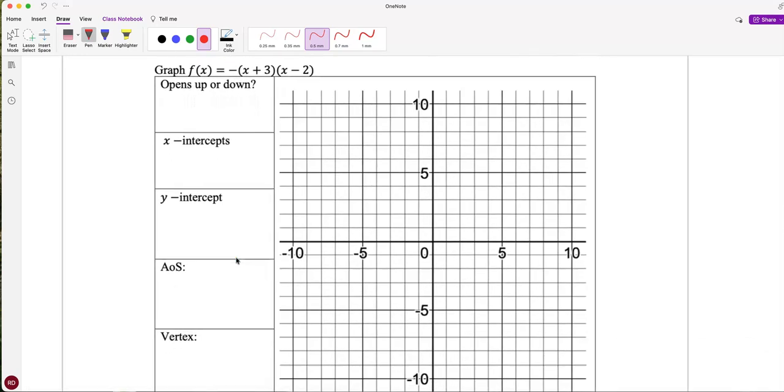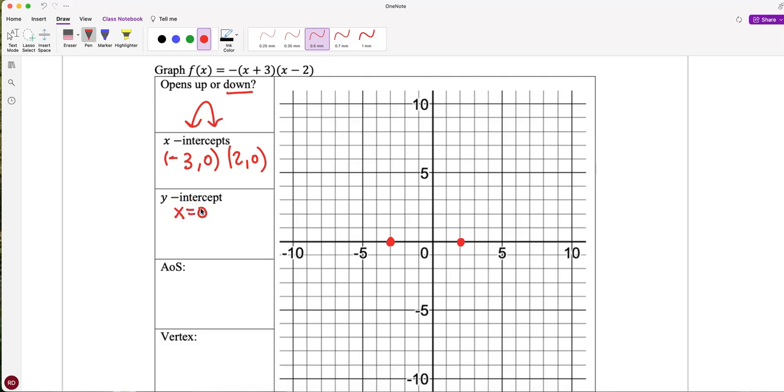This guy opens up or down. It opens down because of the negative in front, okay? The x-intercepts are going to be at -3, 0, and 2, 0. So at -3 and at 2. The y-intercept is what you get when x is 0.